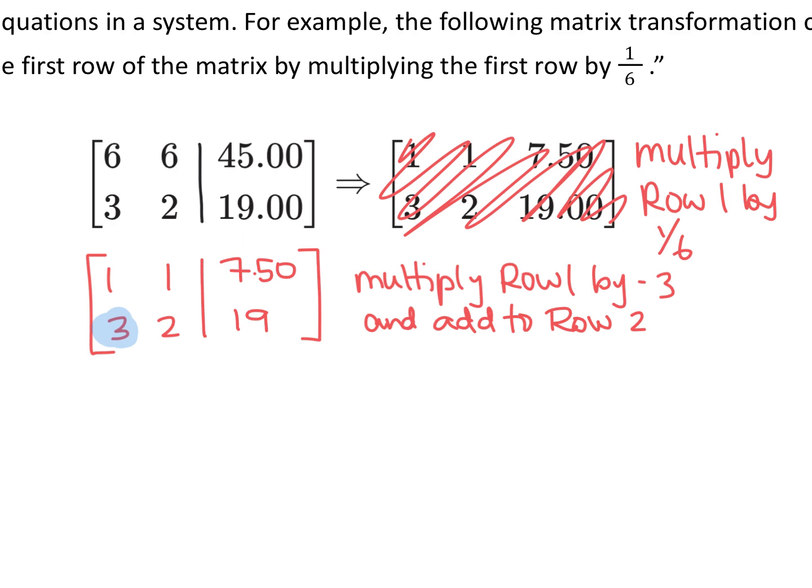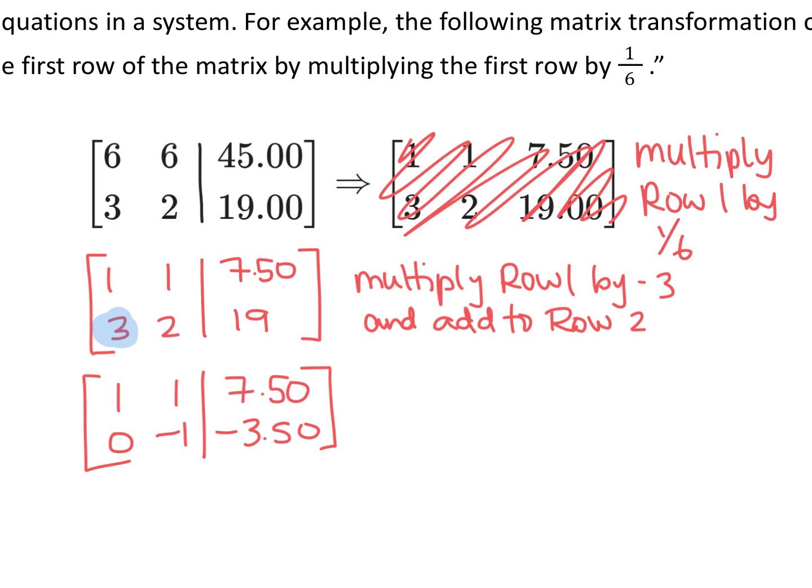So row 1 times -3 will be -3, -3, and then -22.5. And then we're going to add that to row 2. So row 1 doesn't change. I'm doing the change to row 2. So row 2 ends up turning to 0 and -1 and -3.50. Okay, so that's our new row 2.